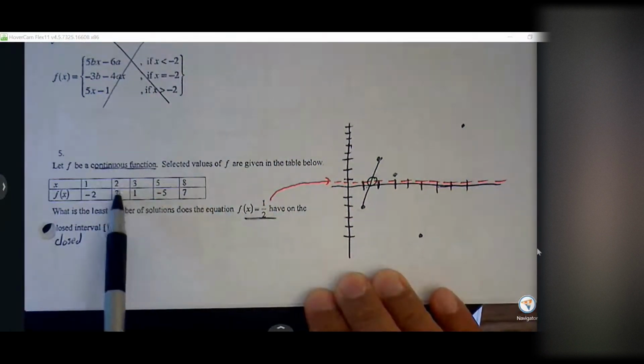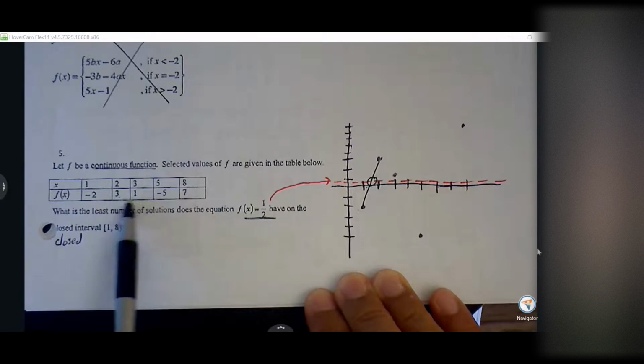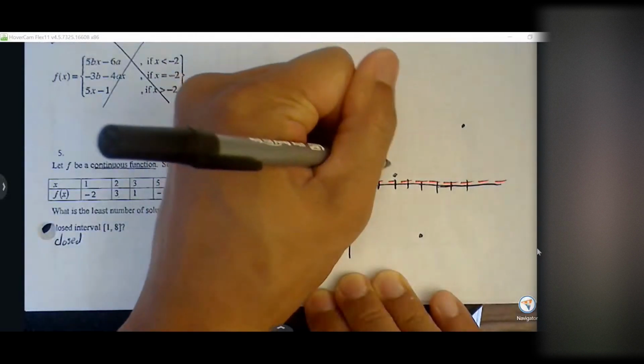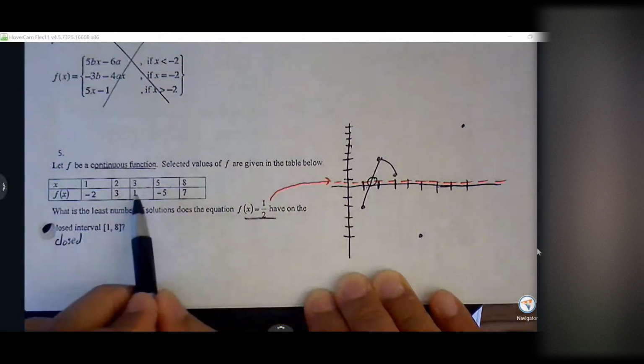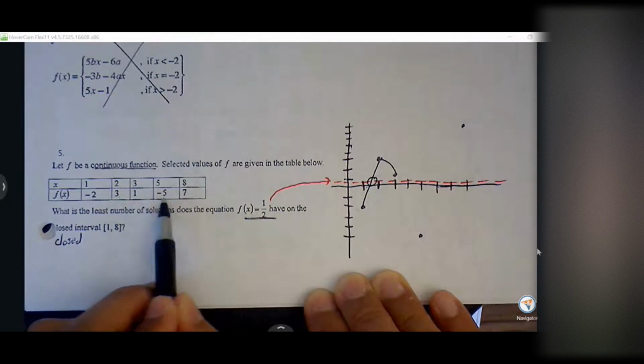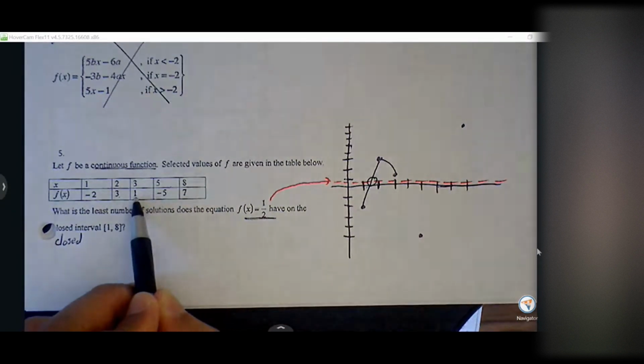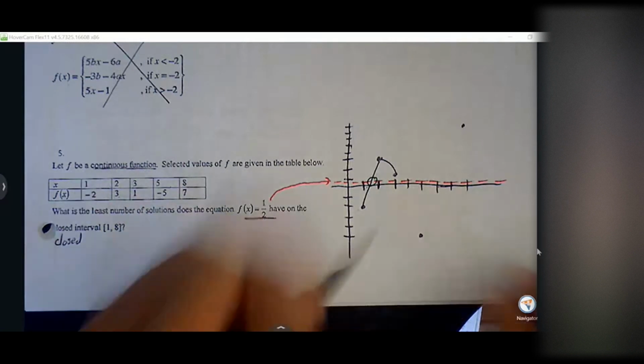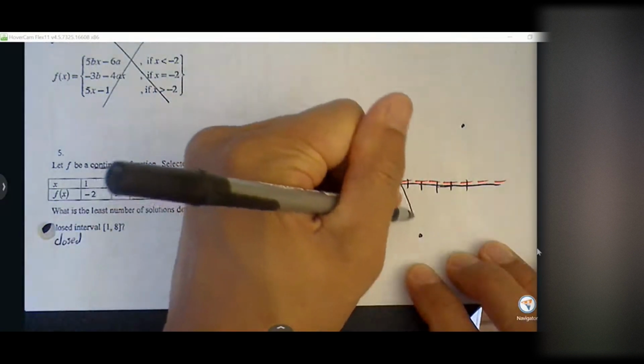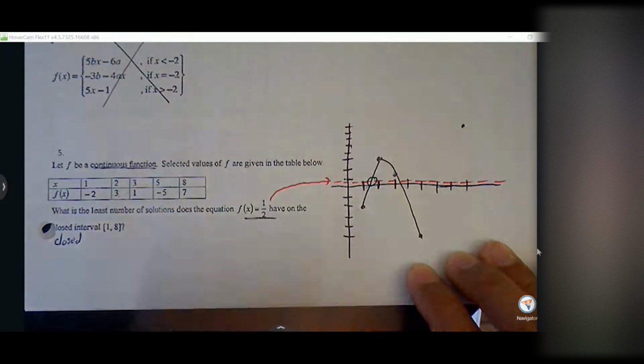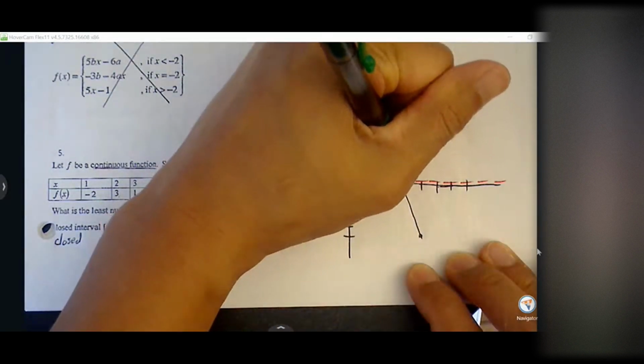Between 2 and 3, if I go from 3 down to 1, I'm not guaranteed to hit 1/2, so there's no intersection there. But then from 3 to 5, from 1 to -5, I start off above 1/2 and end up below 1/2. So I'm going to cross through 1/2 at least a second time.